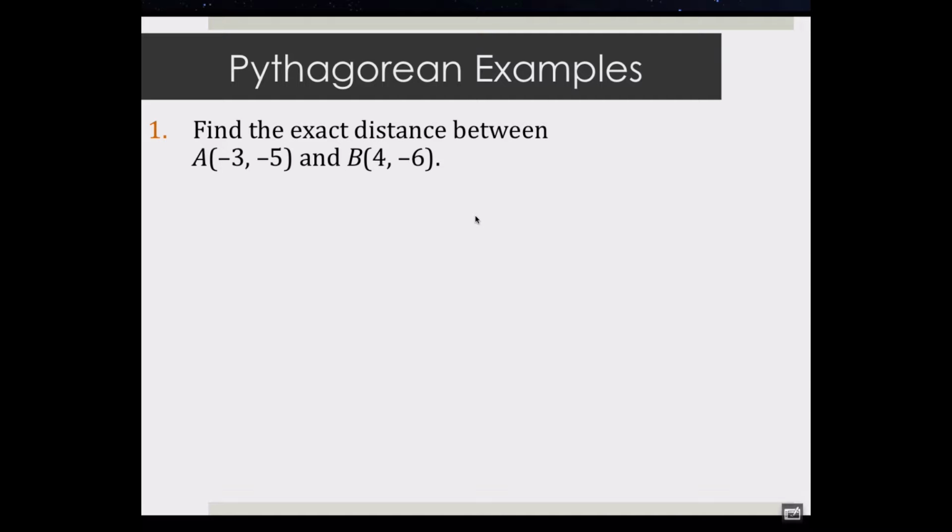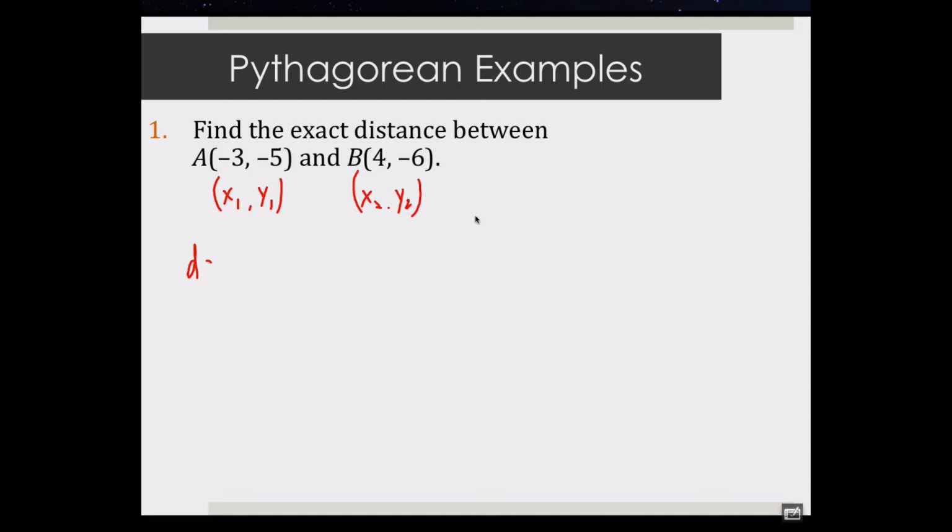This one, x1, y1. Are we all in agreement? I guess the important question is, does it matter? No, we'll get the same answer. So we'll make that x1, we'll make that y1, we'll make this x2, and we'll make that y2.